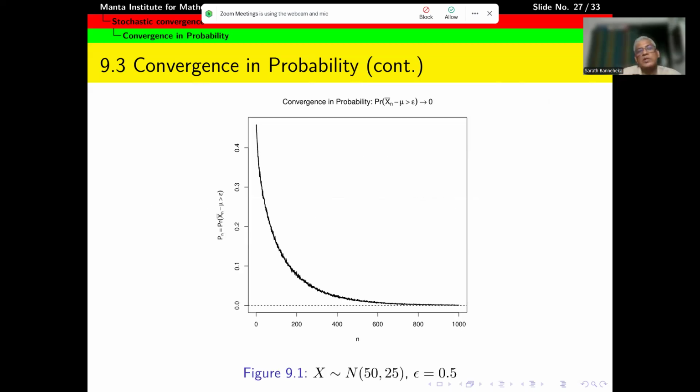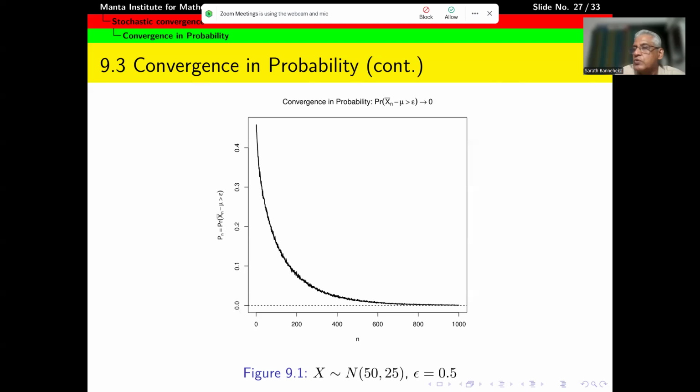Here I have actually done some simulations to show you this idea of the weak law of large numbers. What I did was I generated samples from a normal distribution with mean 50 and variance 25 for different n values, say n equal to 2, n equal to 3, n equal to 4, up to even n equal to 1000, right?